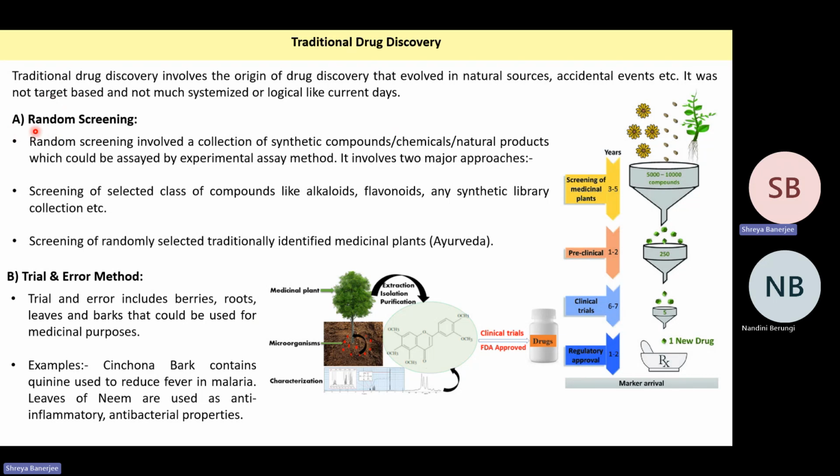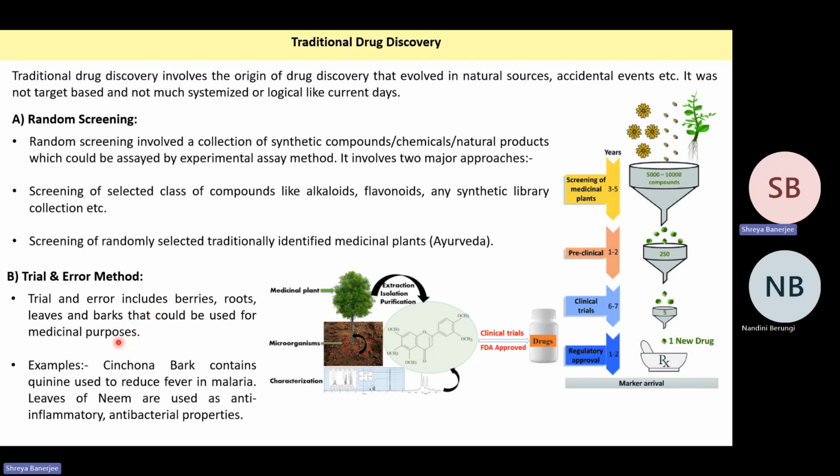And this is the random screening process, where you just start with a certain class of compounds, or you start with some traditionally identified medicinal plants from Ayurveda. The other thing is the trial and error method, which includes berries, roots, leaves, and barks that can be used for medicinal purposes.